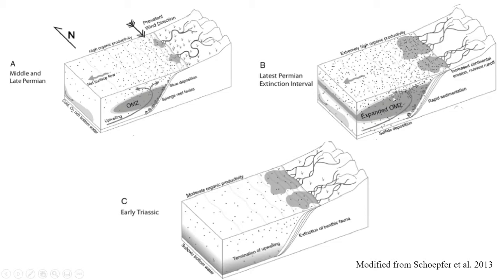And followed into the early Triassic, at this point, now upwelling has ceased to exist. Bottom waters are suboxic, and the limited productivity that is seen in Schopfer's results is essentially confined to runoff from the continent.